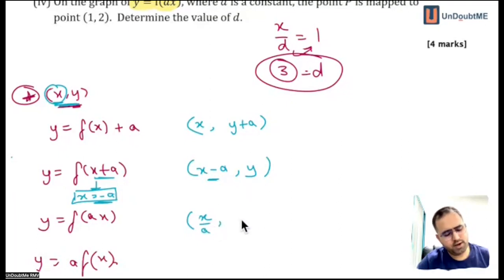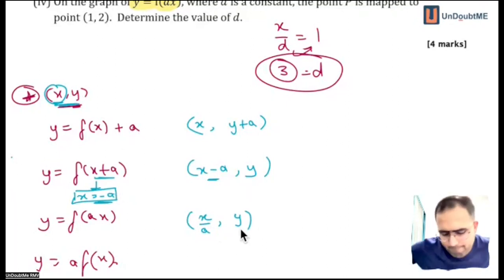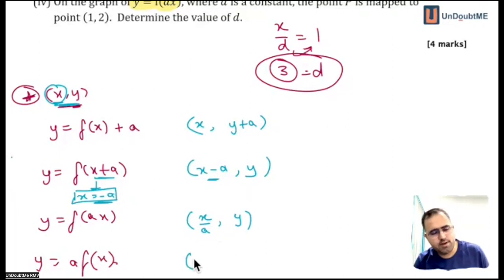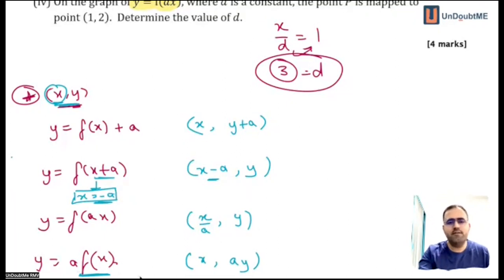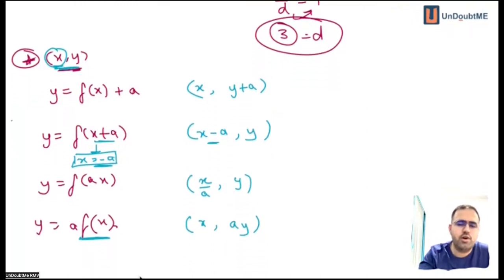No, the x value will be divided by a comma y. And the last one will be x comma ay. That a is multiplied with f of x, meaning a will be multiplied with all y coordinates. Now, if the value of a is, let's say, 1 by 3, accordingly it will become y by 3. So you need not think on that.